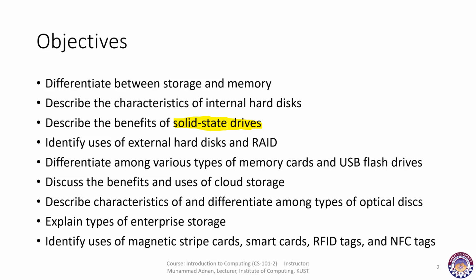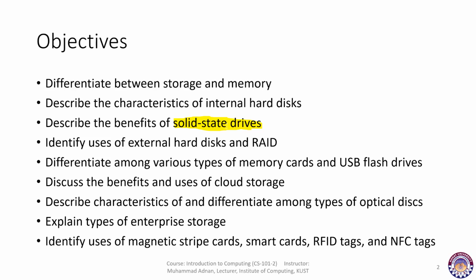We are also going to identify the uses of external hard disk, and the RAID technology. We are going to differentiate among various types of memory cards and USB flash drives. We are going to discuss benefits and use of cloud storage. We are going to describe characteristics of and differentiate among types of optical disks.